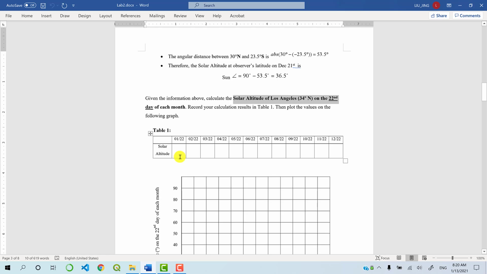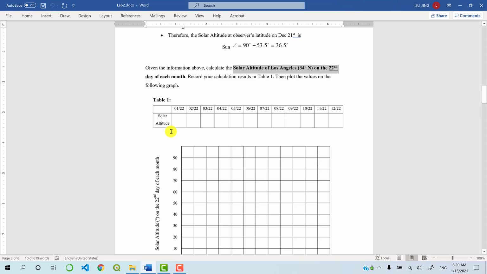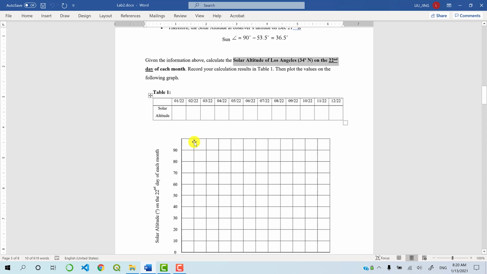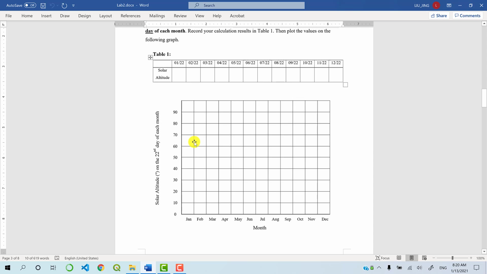And remember, you need to show your work. I see many of you on Lab 1 didn't show work on your math. So you need to show your work. Then when you have this, you want to plot how high the sun is, the solar altitude in degrees, on the 22nd day of each month.